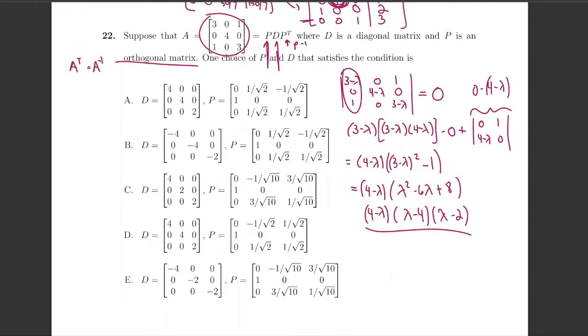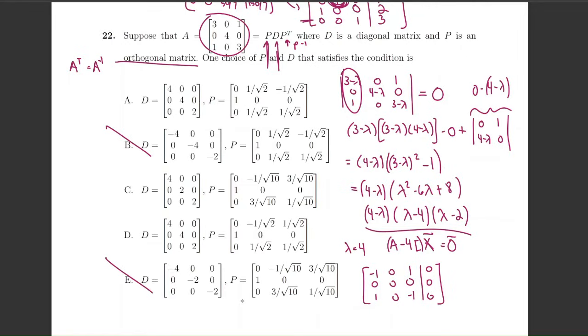So automatically we can just get rid of these two because it does not make sense. Then we need to find the eigenvectors. We do that by plugging in lambda equals 4 into the expression A minus, in this case, 4I times x equals 0. So 3 minus 4 is negative 1, 0, 1, 0, 0, 0, 1, 0, negative 1.